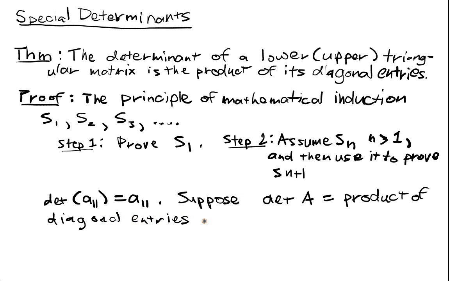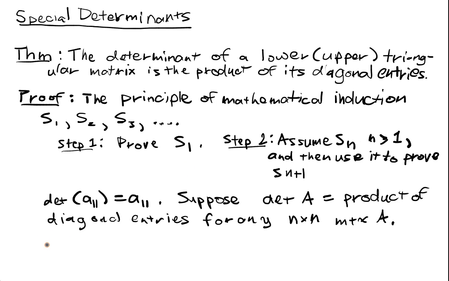And suppose that's true for any n by n matrix A. So now we're on to step 2. We've taken care of S1, and now we're assuming Sn, which is this statement. Now we want to show that Sn plus 1 holds.